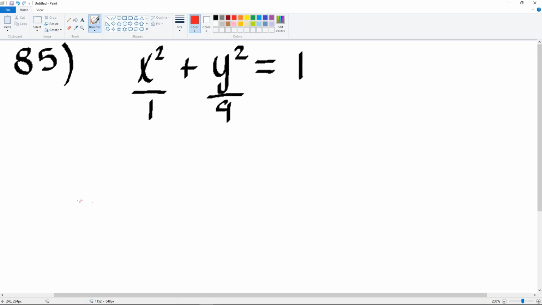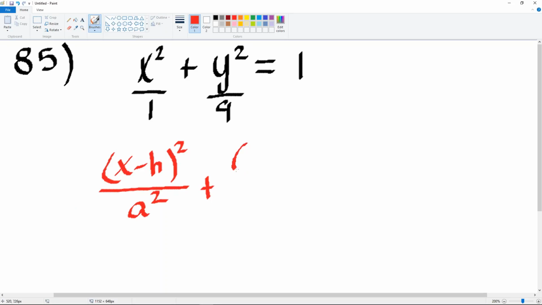Now the formula for an ellipse is x minus h squared over a squared plus y minus k squared over b squared equals 1.